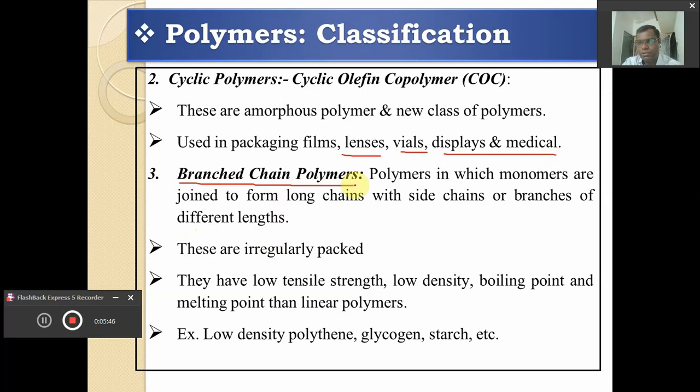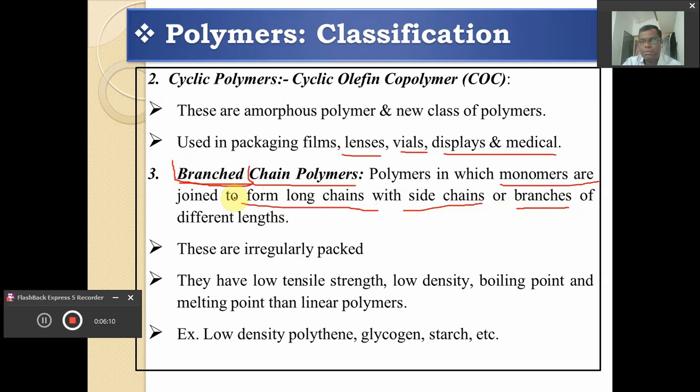The next type of polymer based upon the structure is called branched polymer. Definitely it is one of the types based upon structure. This type of polymer will show a branched structure. Here the polymer in which monomeric units are linked together to form the long chain has some side chains or branches, and these side chains of different lengths are responsible for the branched structure of the polymer.